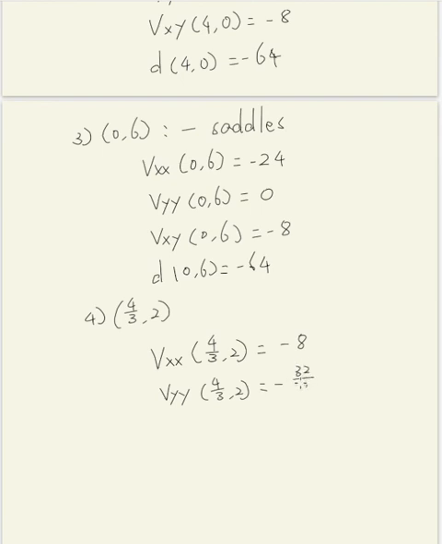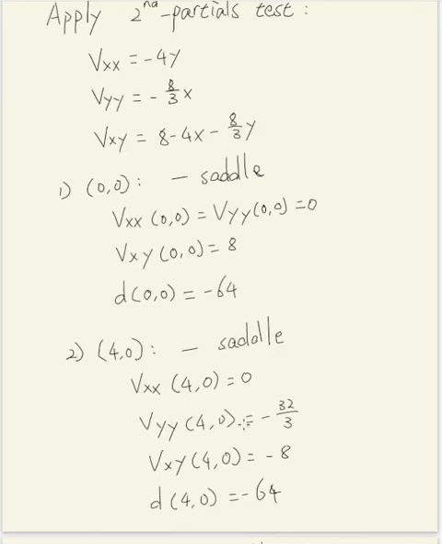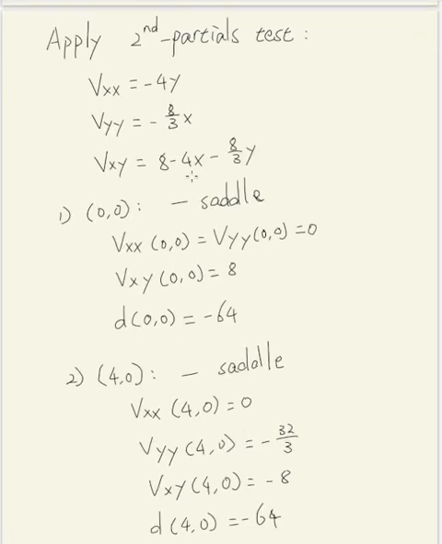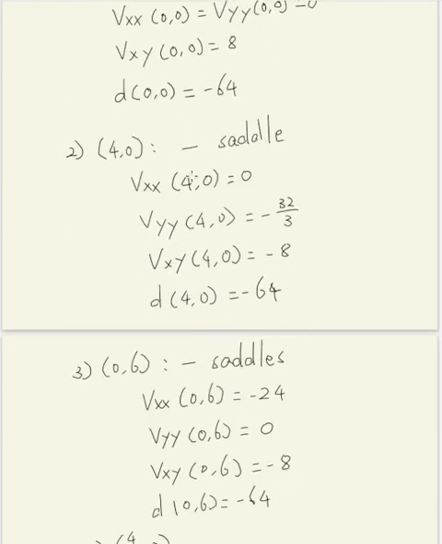Oh, it's getting hard to calculate. Vxy is 8 minus 4 over 3 times 4, so 8 minus 16 over 3, which gives you 8 over 3, and then minus 16 over 3. So that's minus 8 over 3.